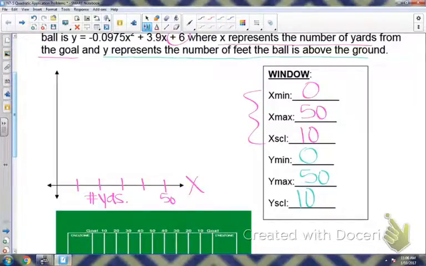Okay? Alright, now our Y represents the number of feet the ball is above the ground. And then notice on your window, whatever your window says is how you're going to graph it on your paper. We're going from 0 to 50, increasing by 10. So 10, 20, 30, 40, 50.